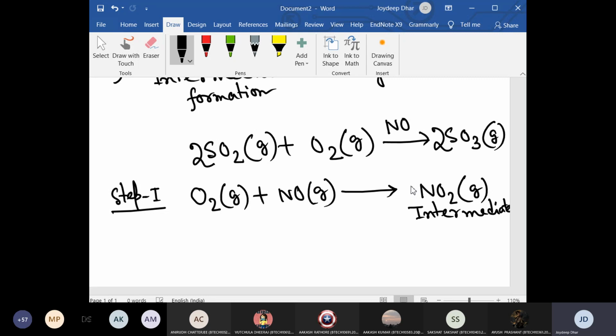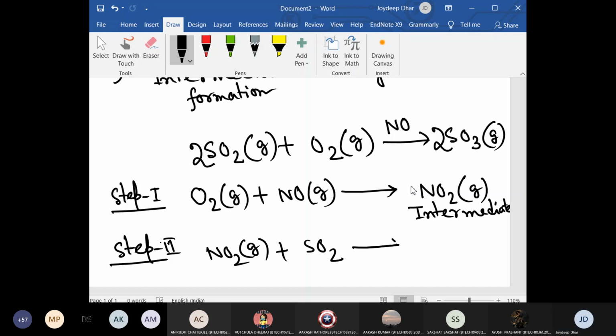And the intermediate further, in step 2, will react with sulfur dioxide gas and you will have SO3 and you will get back NO.